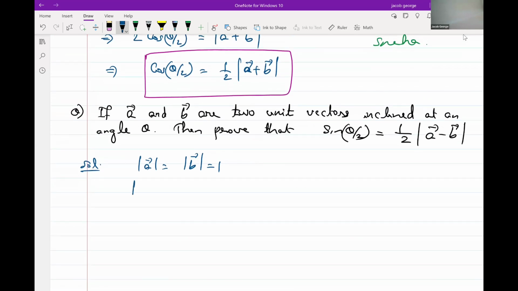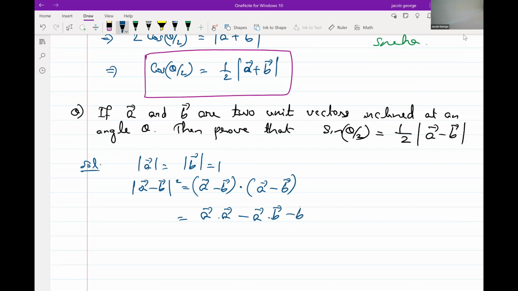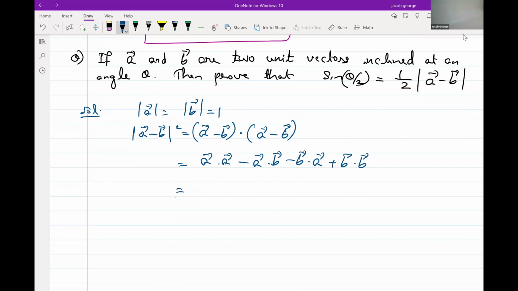So magnitude of vector A minus vector B square is equal to, what is that? Vector A minus vector B dot vector A minus vector B, and we do it like this: vector A dot vector B minus vector A dot vector B minus vector B dot vector A plus vector B dot vector B. So that is equal to magnitude of vector A square minus 2 times vector A dot vector B plus magnitude of vector B square.